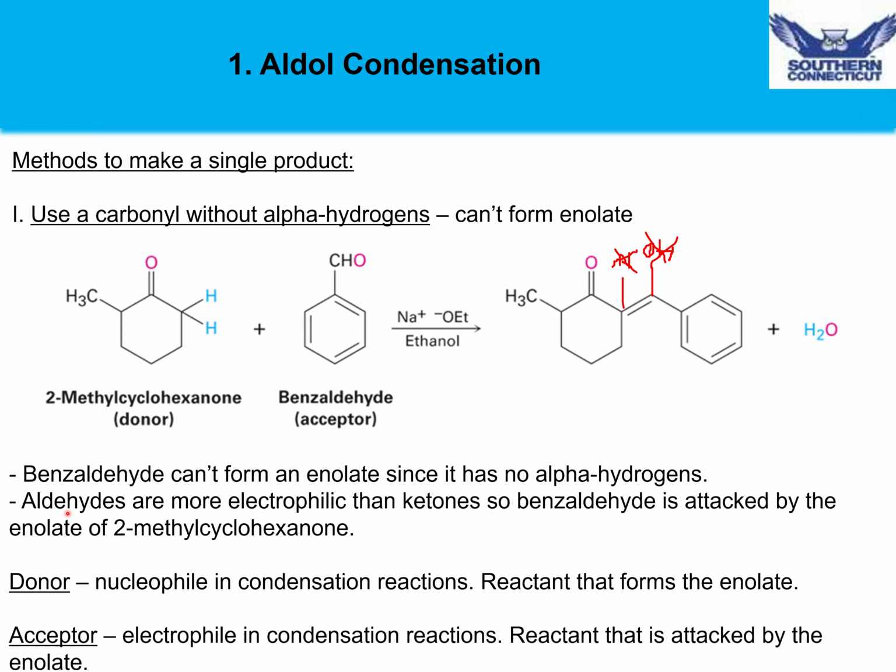The way to remember it, it is the partner that is donating electron density, in other words, the nucleophile. And then another term that we use with condensation reactions, including the aldol reaction, is the acceptor. That refers to the electrophile in the reaction, the one that accepts electrons. So in the example above, benzaldehyde is the acceptor. The donor is this ketone on the left, which is the one that forms the enolate.